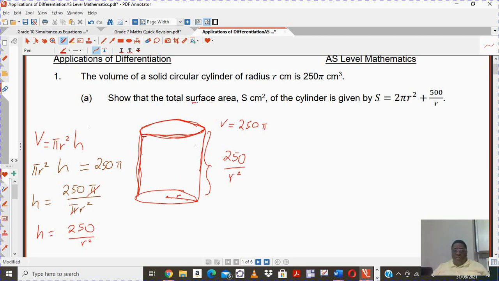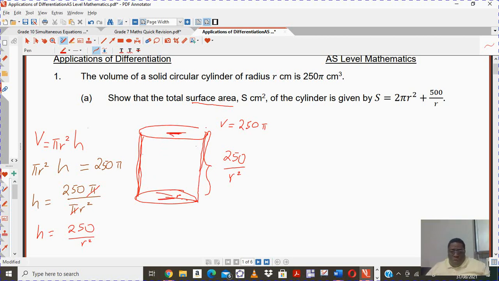We're actually interested in the total surface area of the solid. So what we do know is that it consists of two circles. So this circle here on top, right? So that's like a circle. Okay, so you do get the idea. And also the circle at the bottom.